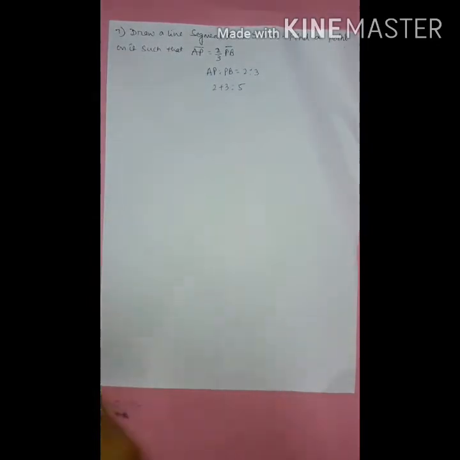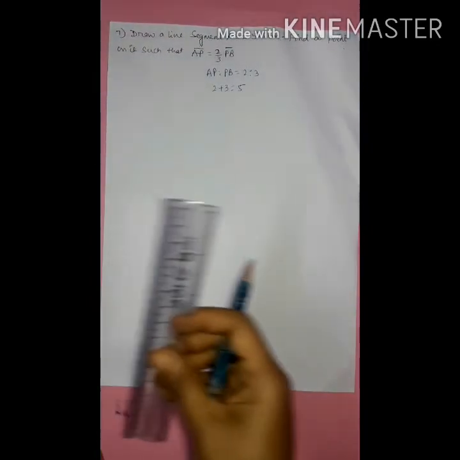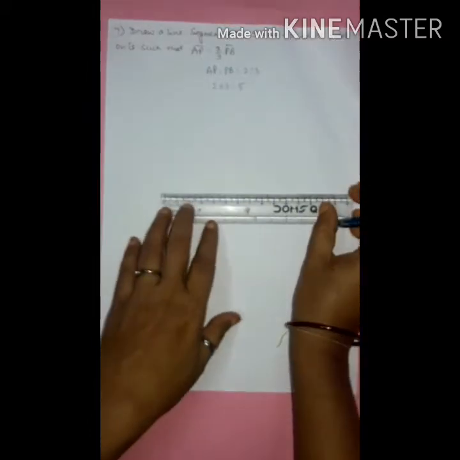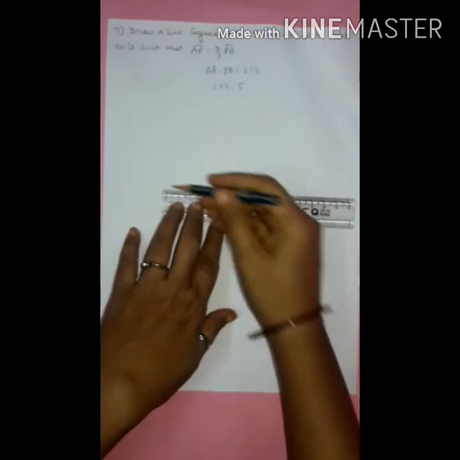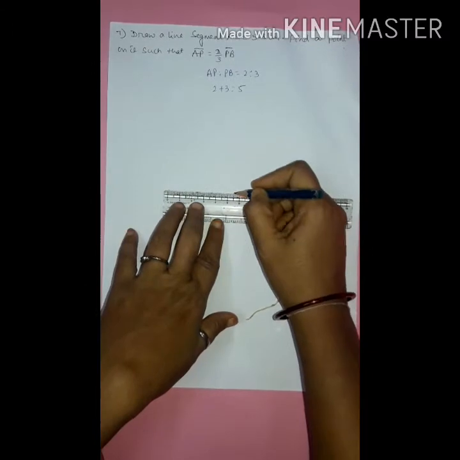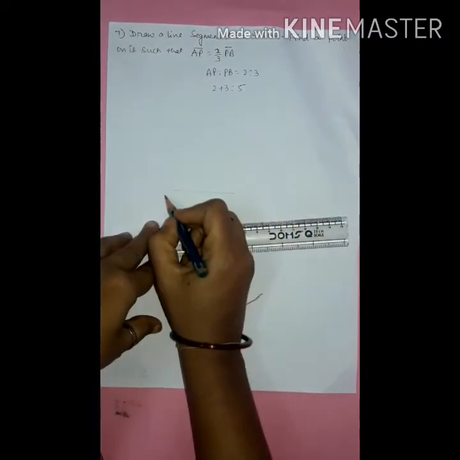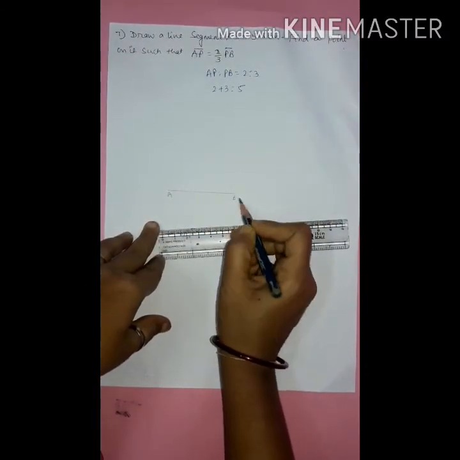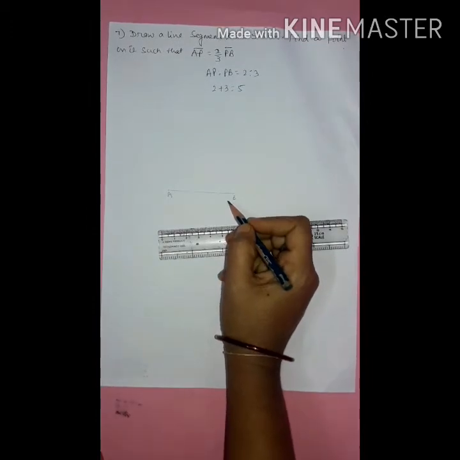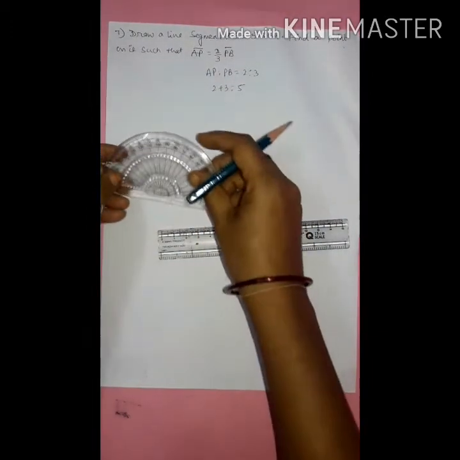So like that only we have to draw any line segment. What is the line segment given? 5.5. First of all, you have to draw a 5.5 line segment here. This is A and B. So now what we will do, you can construct here.